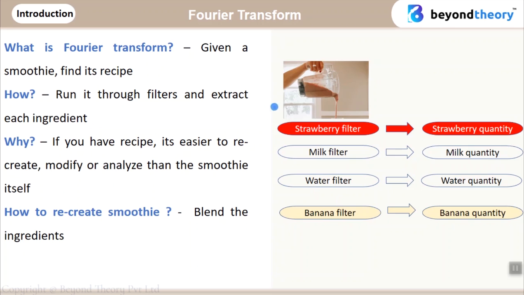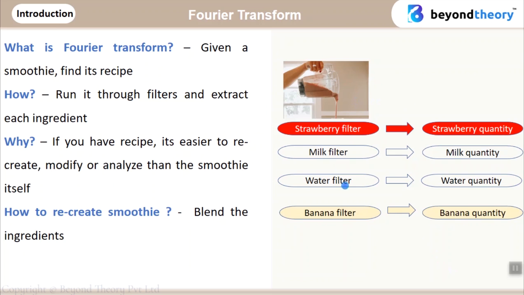So if you run the smoothie through these filters, it will give you the exact quantity of strawberry, the exact quantity of milk, the exact quantity of water, the exact quantity of banana, and if there is sugar, the exact quantity of sugar. Now you know how much strawberry went into the smoothie, how much milk, how much water, how much banana and sugar went into the smoothie. How do you recreate the smoothie now? Combine all of these things and you get the smoothie back.